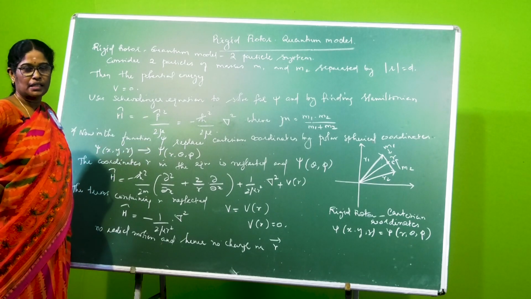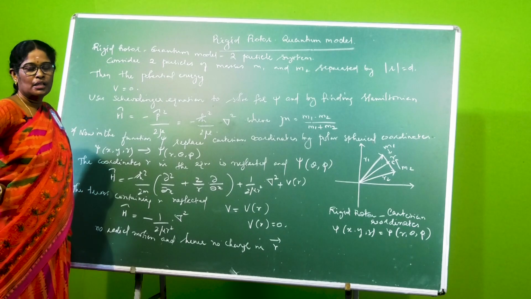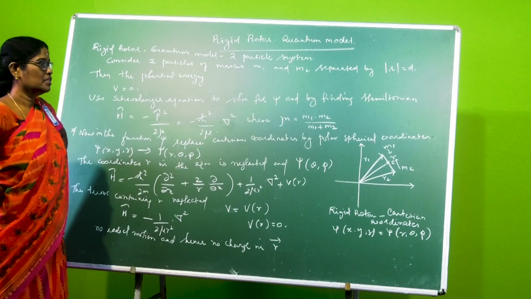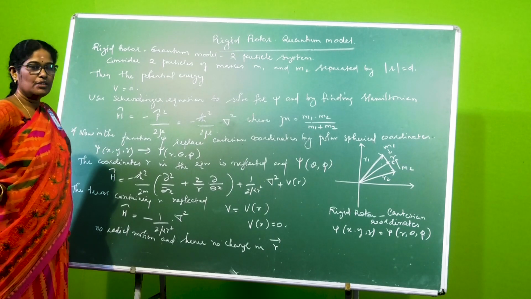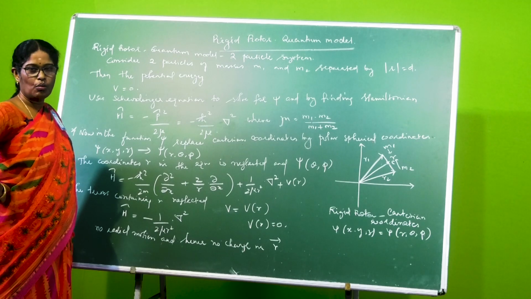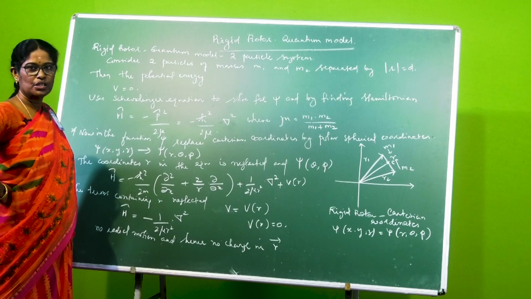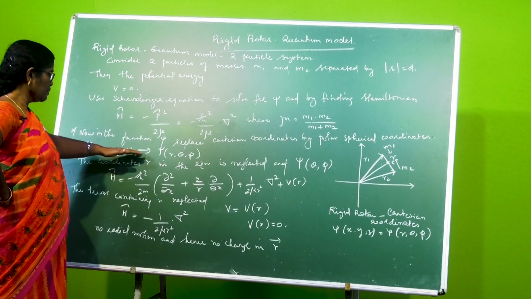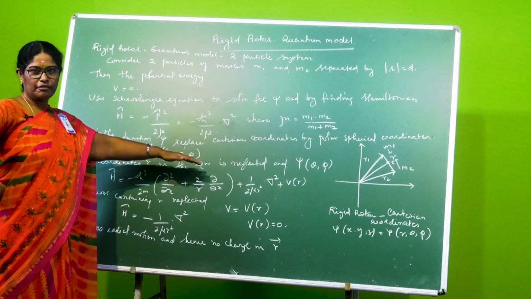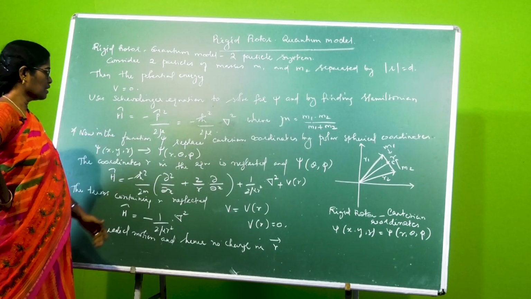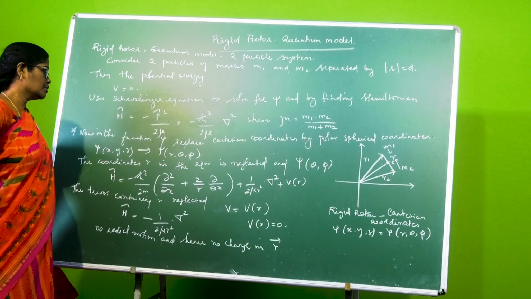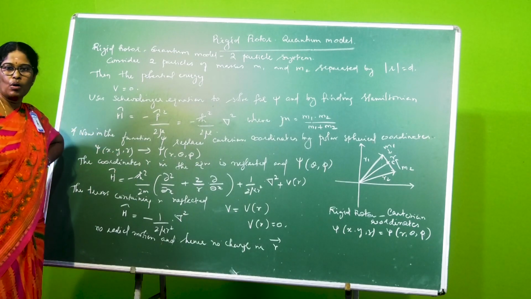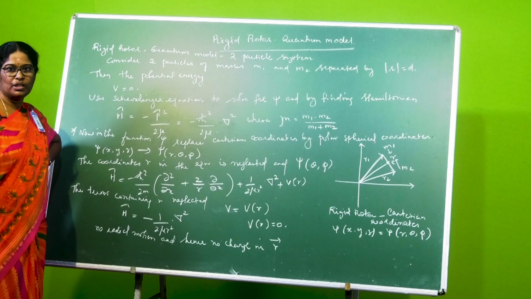Here we consider that the Cartesian coordinates x, y, z are replaced by polar spherical coordinates, so the psi wave function containing x, y, z is replaced by r, theta and phi. If this transformation exists, then the r coordinates are neglected from the Hamiltonian expression.